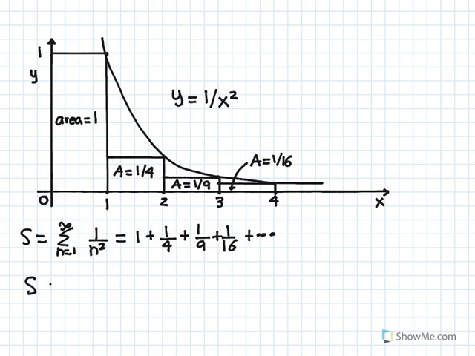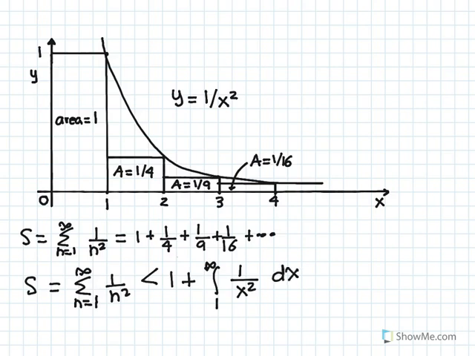So S is equal to summation n equals 1 to infinity 1 over n squared. This is equal to 1 plus, this is less than 1 plus integral from 1 to infinity 1 over x squared dx.